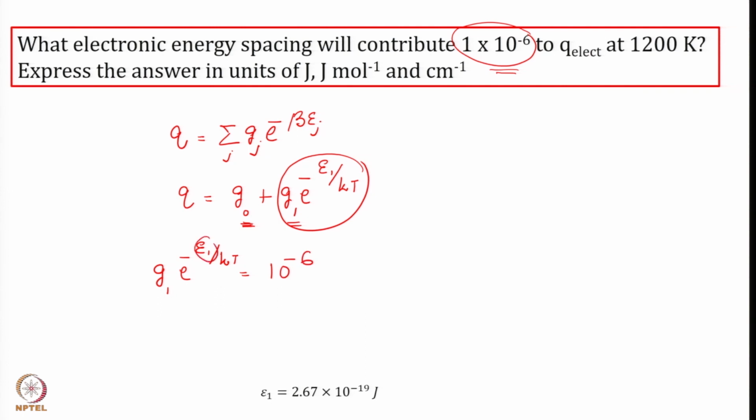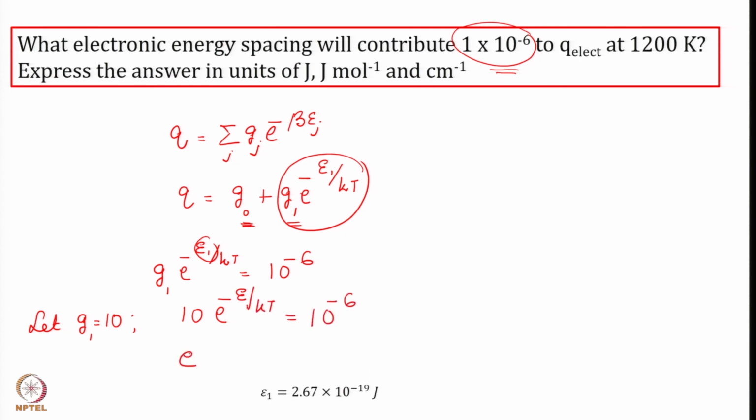So you take a generous value of the degeneracy of the first excited state. Let us take a generous value of 10. Let g1 be 10, and let us see what happens. You have 10 exponential minus E1 upon kT equal to 10 raised to the power minus 6.